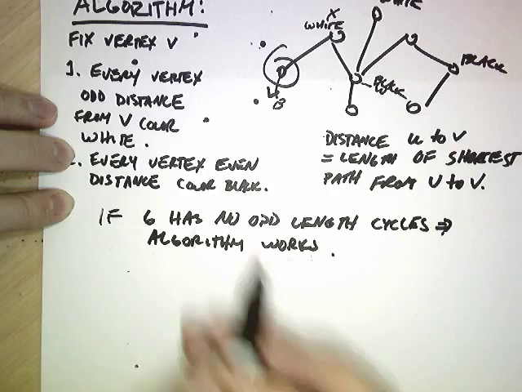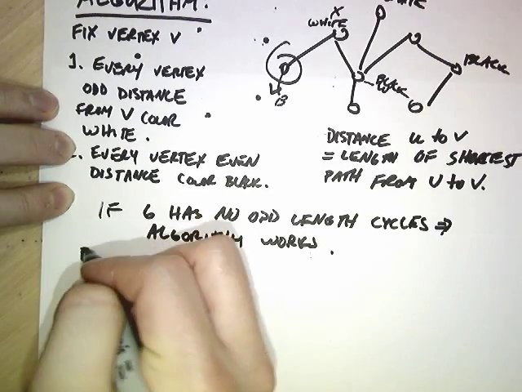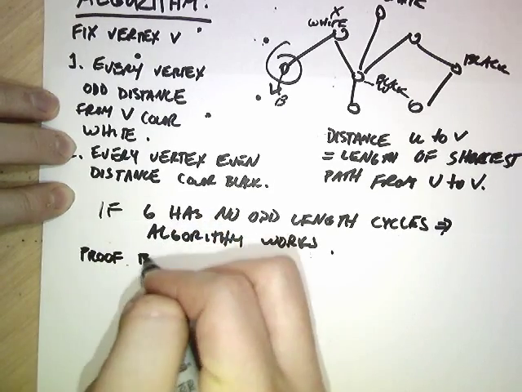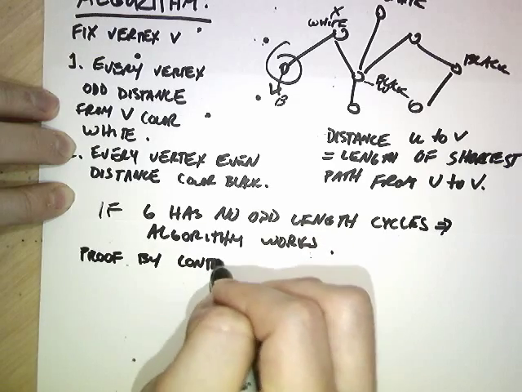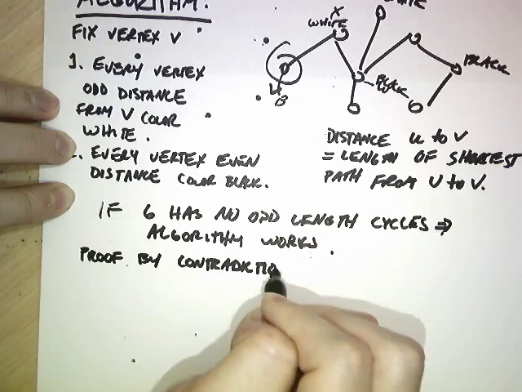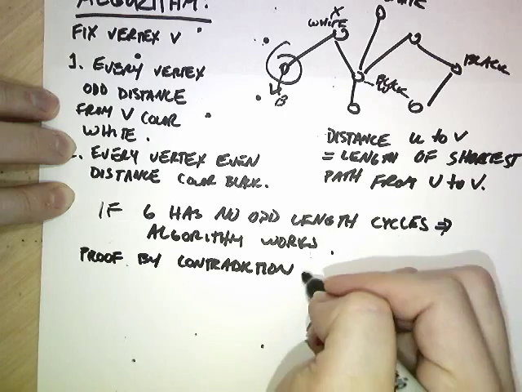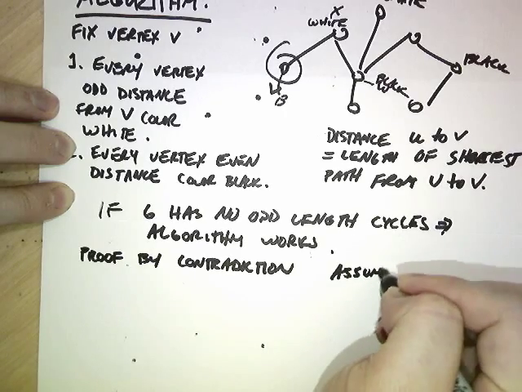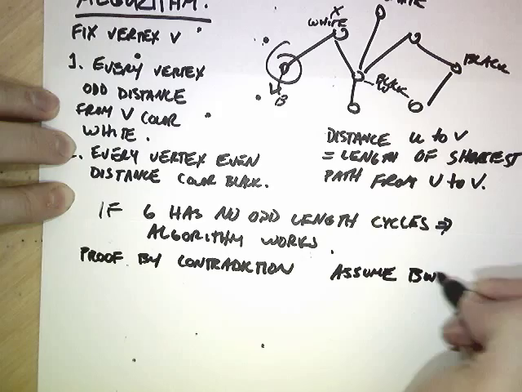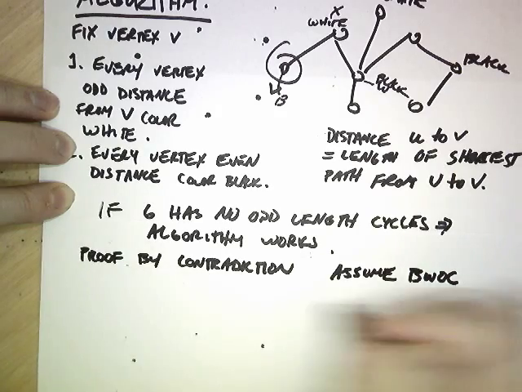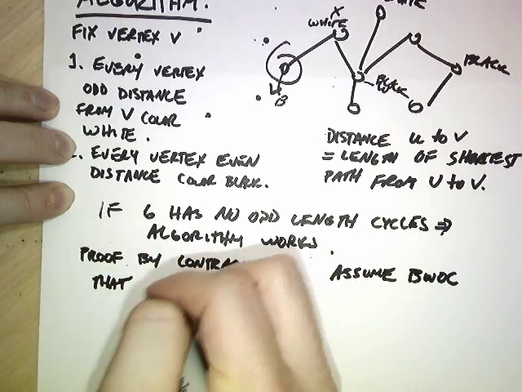Great. So let's do a proof by contradiction. Let's assume, by way of contradiction, that the algorithm fails.